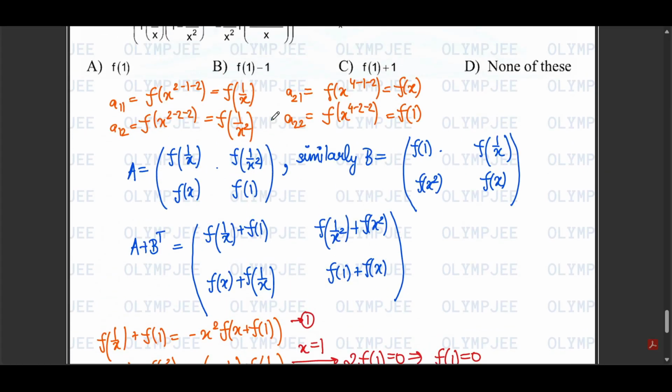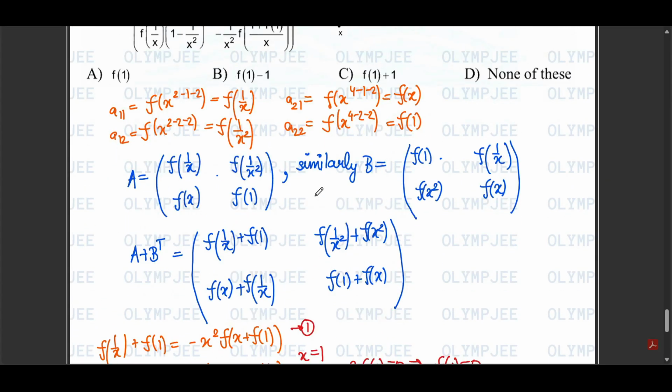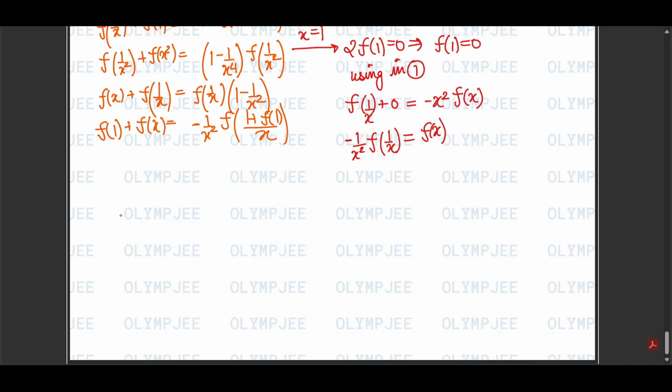So we need to find this integral. So let me write it. So let this be equal to I. Now if I replace t by 1 by t, because whenever we have limits as x and its reciprocal, we can take 1 by t, and we will see later why I am taking 1 by t.